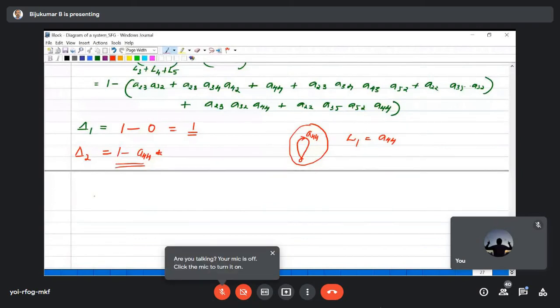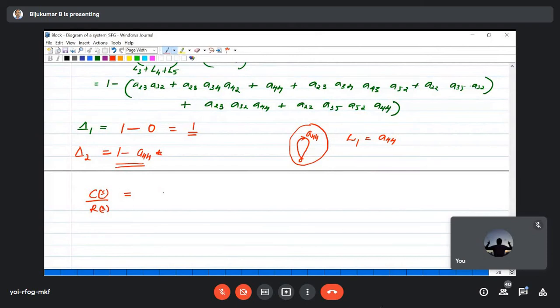So we can find out the final transfer function C of s by R of s is equal to T1 delta 1 plus T2 delta 2 divided by delta. What is T1? It is A12, A23, A34, A45 multiplied by delta 1.